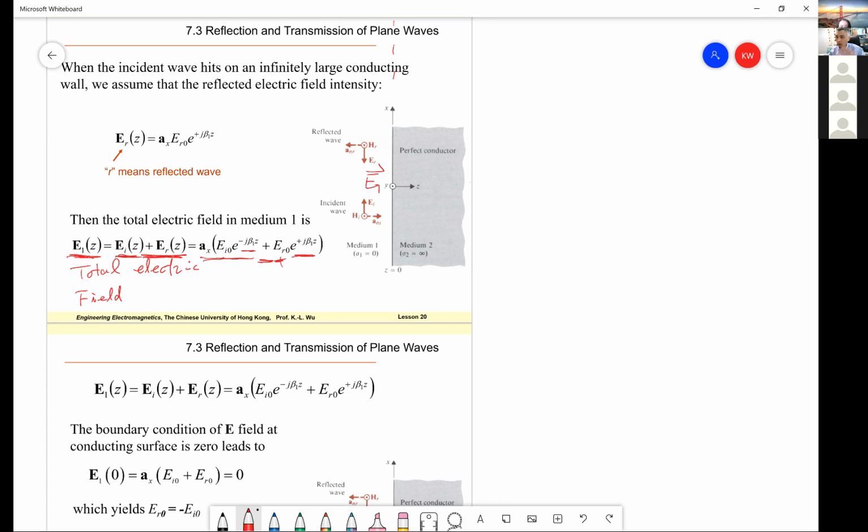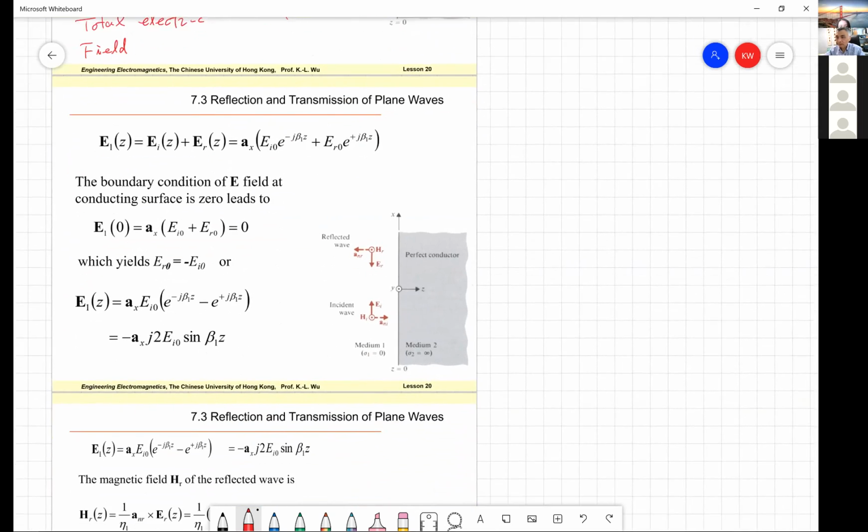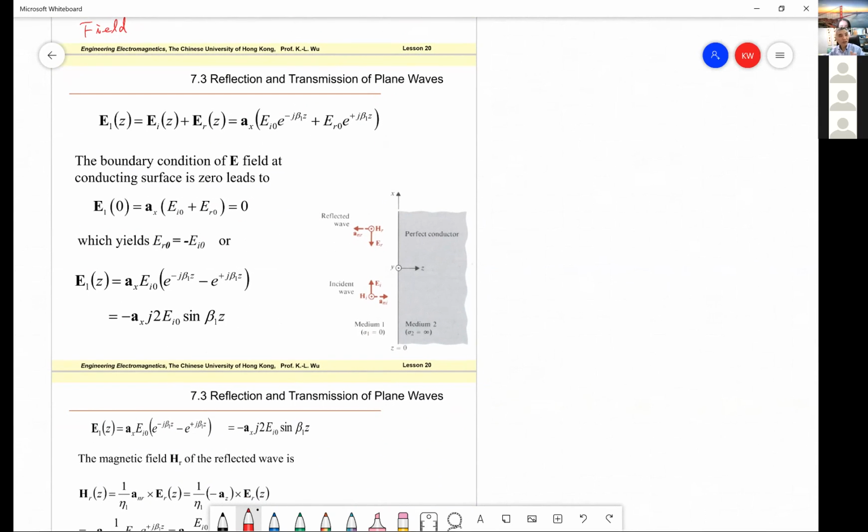In medium 1. Of course, we have total field E2 in the perfect conductor, which is 0, right? This equals 0. Then we know the boundary condition. What we know is the property of the electromagnetic field on the conductor: the total field on the conductor is 0.